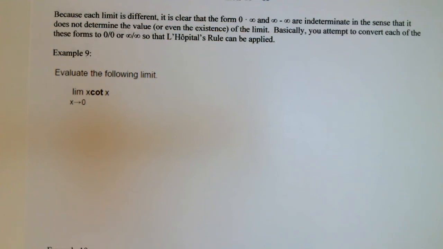So I do have a situation of 0 times infinity. So I need to write this in a way so I will have infinity over infinity or 0 over 0, and that way I can apply L'Hopital's rule.